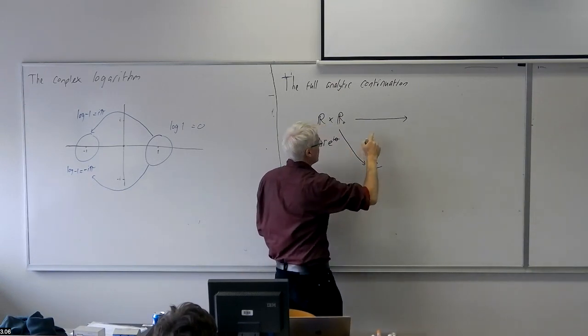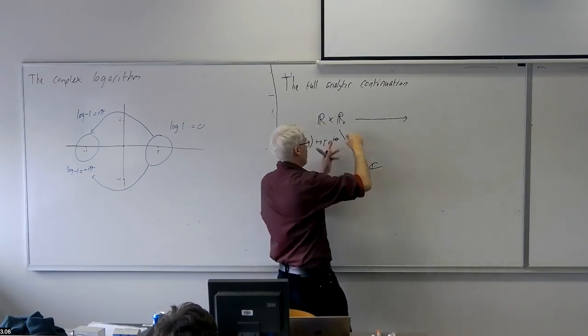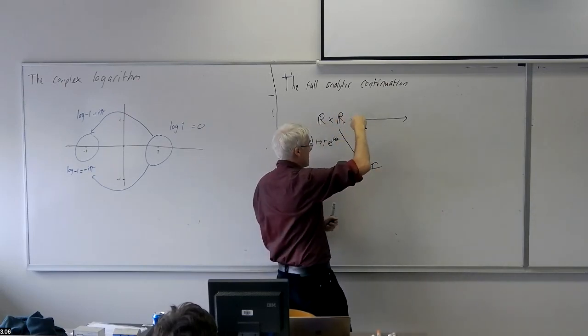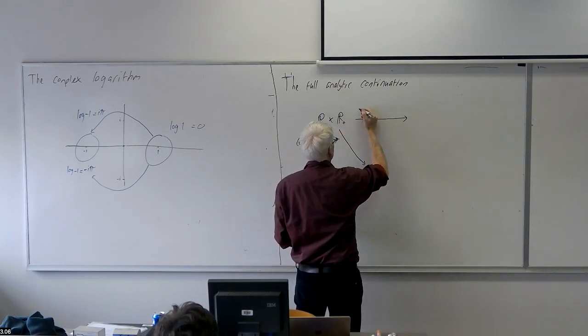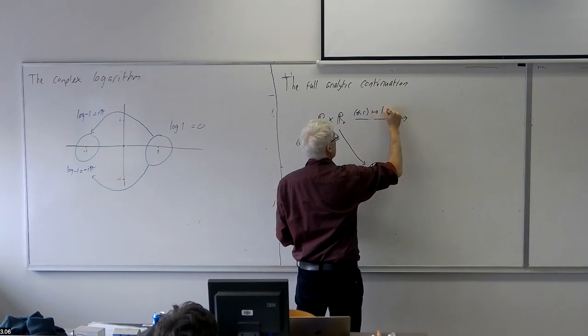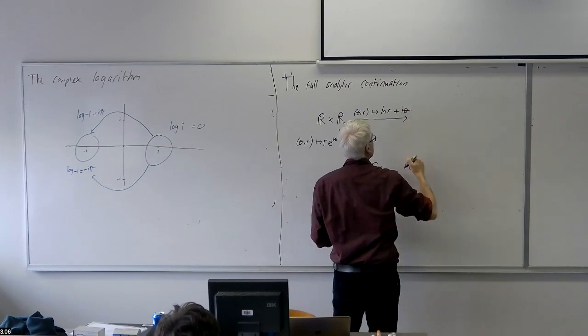I should think about that more carefully, but anyway, you get a countable number of possible values. And so here (theta, r) gets mapped to the natural log of r plus i times theta.